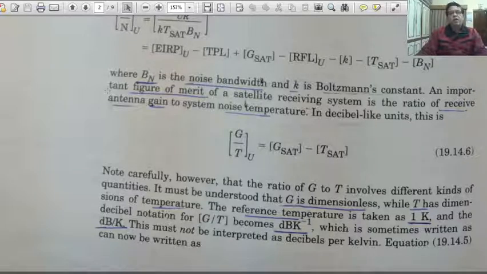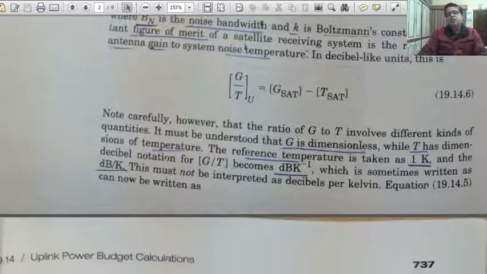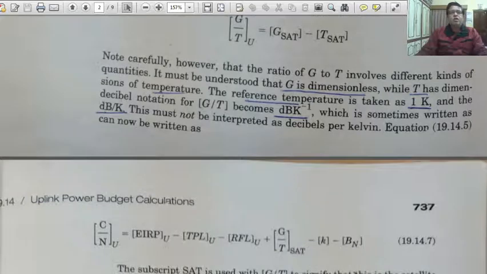An important figure of merit of a satellite receiving system is the ratio of receive antenna gain to system noise temperature, in decibel-like units. This is G upon TU, equal to GSAT minus TSAT. Note carefully, however, that the ratio of G to T involves different kinds of quantities.